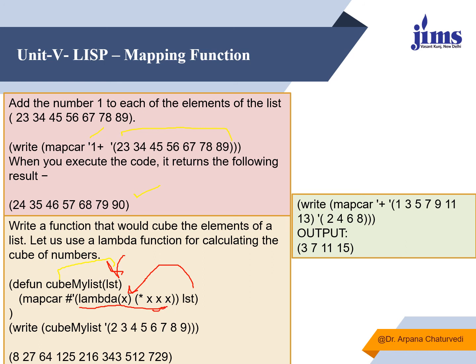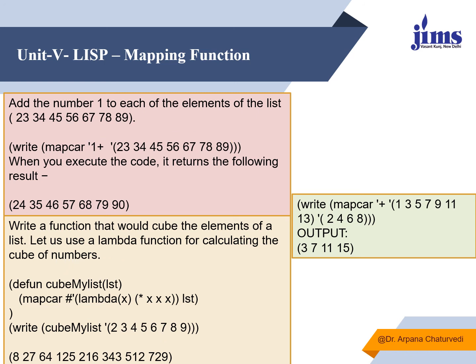So when I call the function cube my list and pass a list of arguments, they all go to this lambda function, get evaluated, and a new list is returned with the cube of all these numbers in a successive manner. 2 becomes 8, 3 becomes 27, 4 becomes 64, 9 becomes 729, 8 becomes 512, and so on. So this is another way of using the mapcar function.